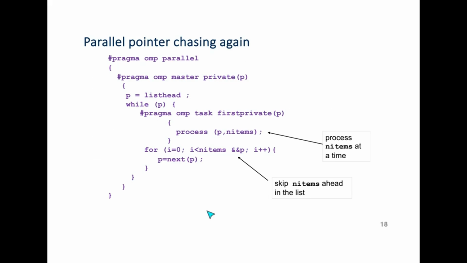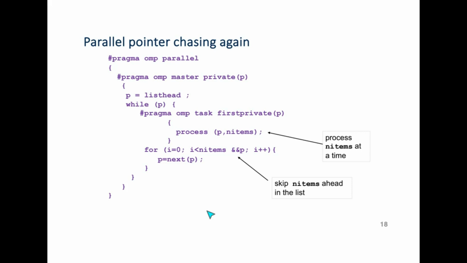In the list traversal example we looked at, doing every single item as a separate task might not be enough work.